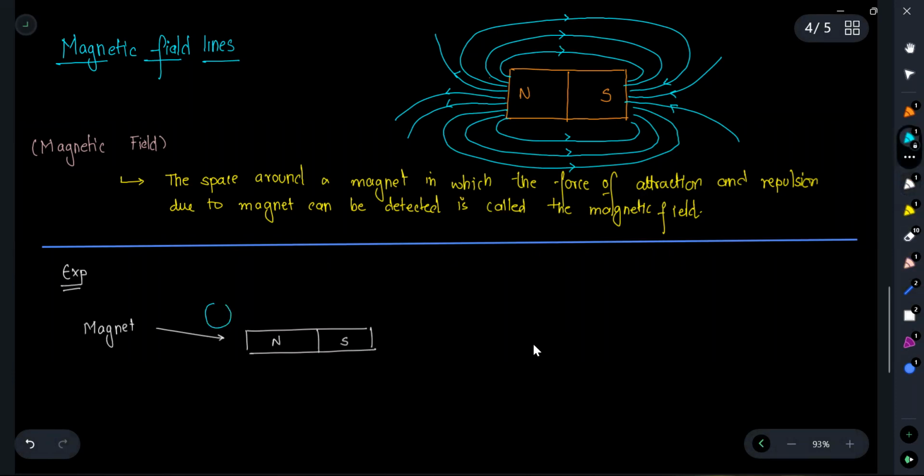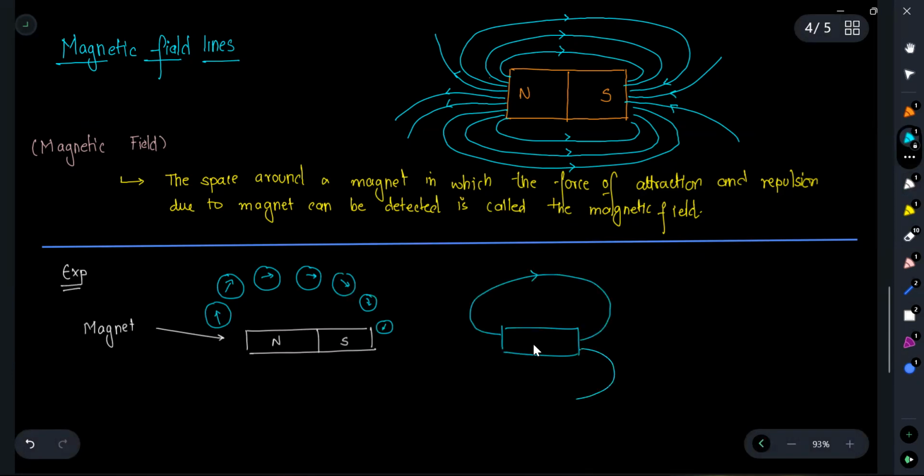So you place the compass on the north pole side and then note the direction of the needle. For example, this would be the direction of needle. अगर यहाँ पे होगा, then you continue doing this at different locations, and you trace the path by this particular compass needle. What you notice is you get such lines. So yeah, this is the line you're getting after tracing the direction of compass needles.